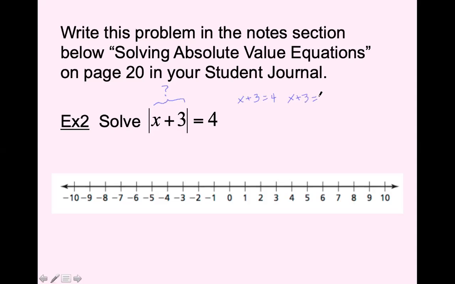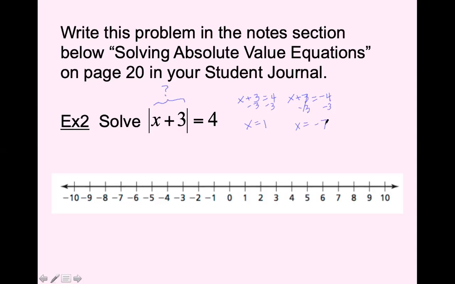So I'm going to solve both of these problems, just like regular one-step equations. In this case, I subtract 3 from both sides, and I get x equals a positive 1. In this case, I subtract 3 from both sides, and I get x equals a negative 7.